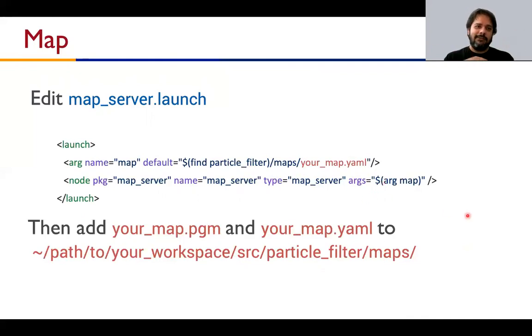It will open RViz. You can specify your initial guess, and then it will spawn the filters to estimate the position of the robot in the map as it moves about. And in the next video, I'm going to show you how this works in the simulator, but this is just a preview of that.